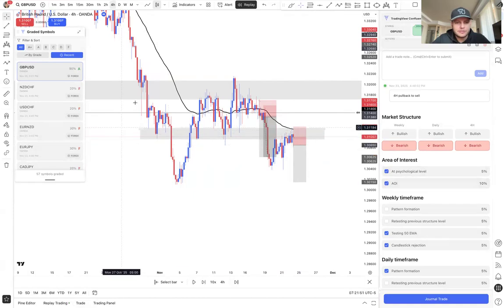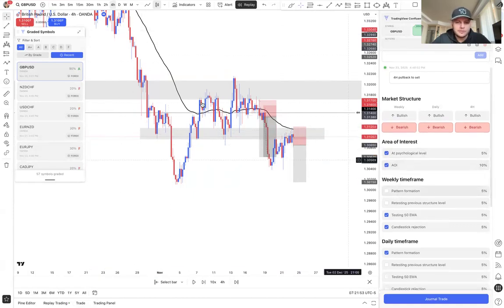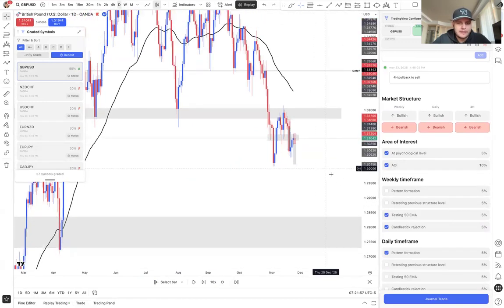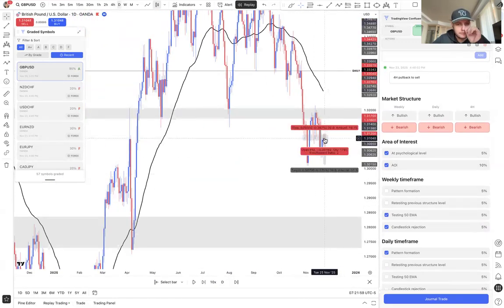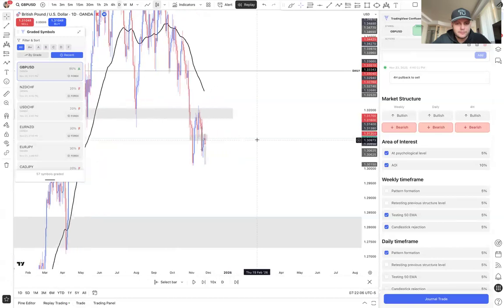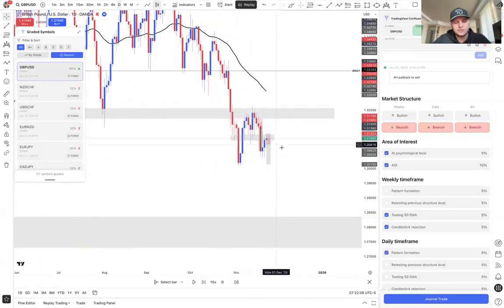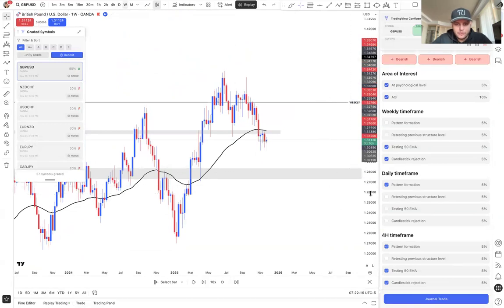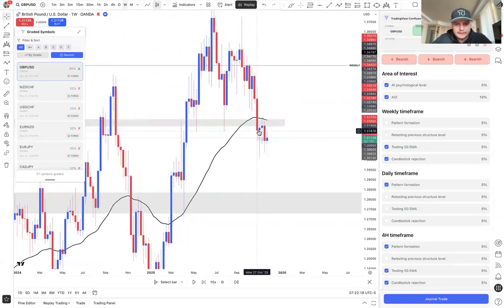We had a lower time frame area of interest, which isn't necessarily a daily area of interest, which is probably why we had trouble with this trade. But there is somewhat of a daily area of interest. You can count this as an elbow, this is an elbow, and potentially the third one being created as we speak. But regardless, the weekly time frame had very few confluences overall.